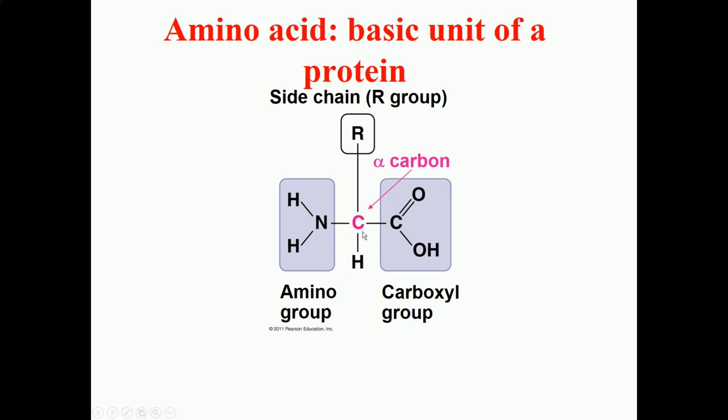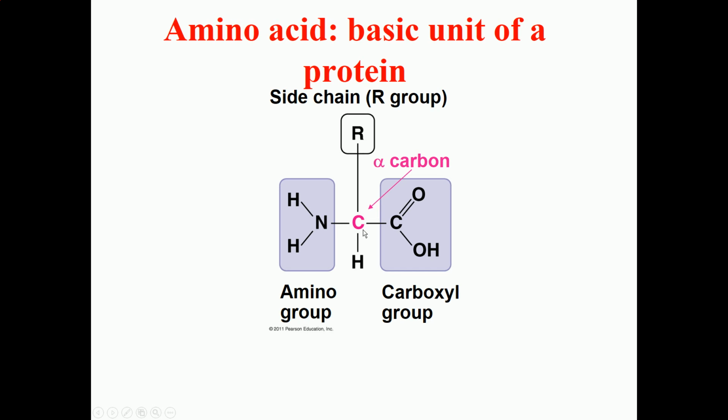This amino acid has one carbon here. It is called the alpha carbon. The carbon has valency 4, which means it can bond with 4 different atoms or 4 different groups. So this is the basic structure of an amino acid.